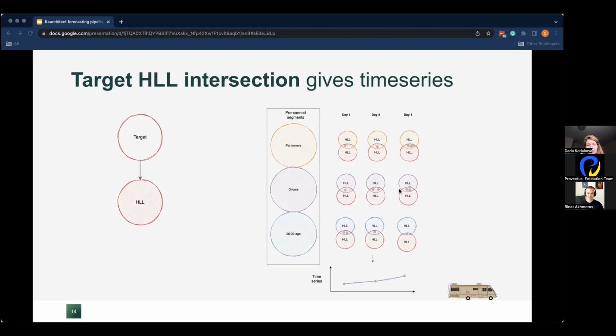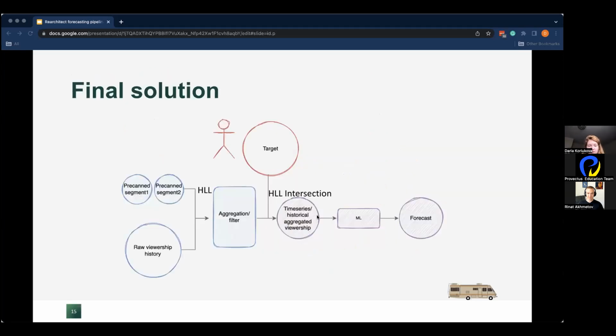Now, whenever we have our target HLL, we can intersect it with each and every HLL that we generated previously for precanned segments. And that gives us a time series that we can then supply to the ML model.